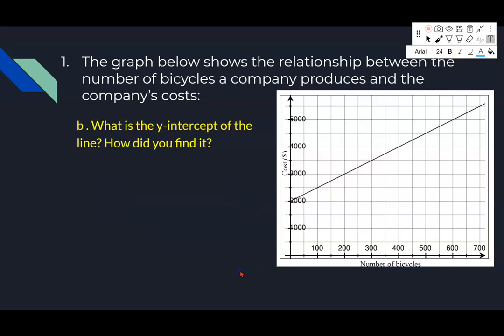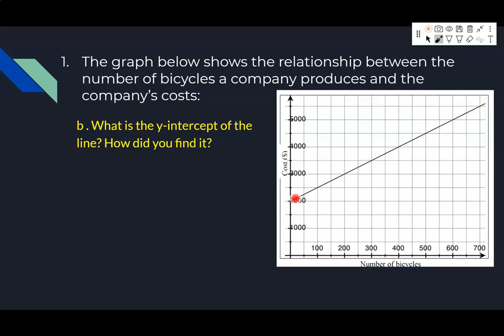Next, letter B. What is the y-intercept of the line and how did you find it? So what do we know about the y-intercept? The y-intercept is where a line crosses the y-axis. Let's follow this line.